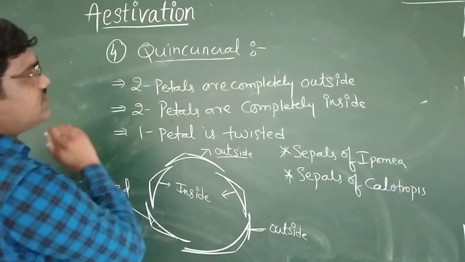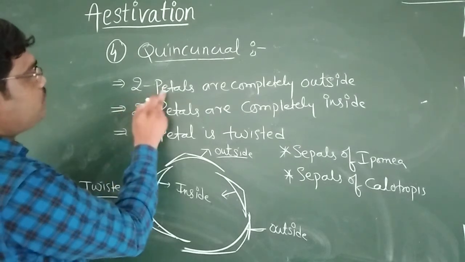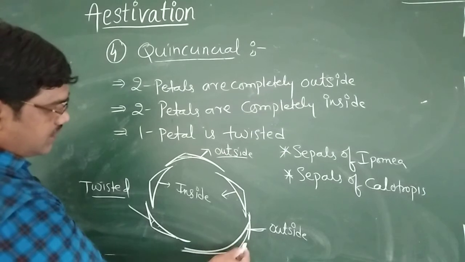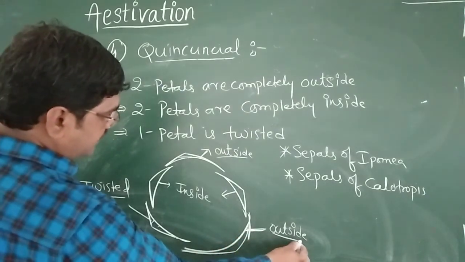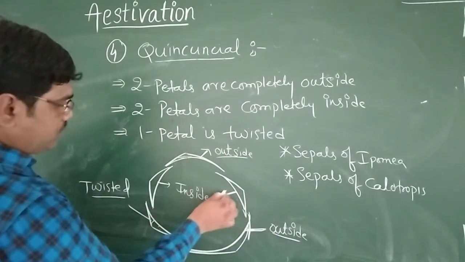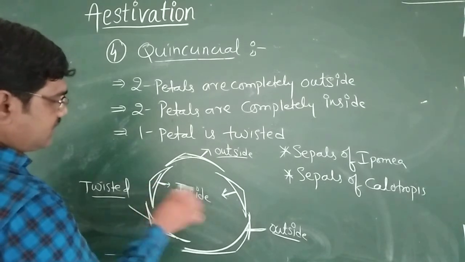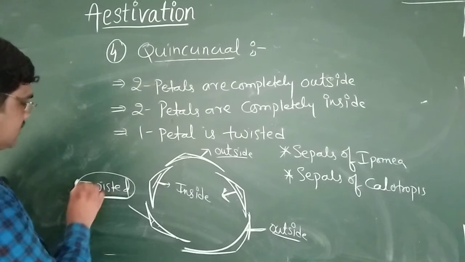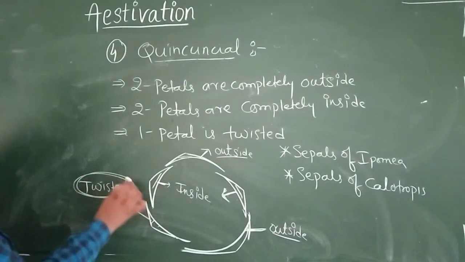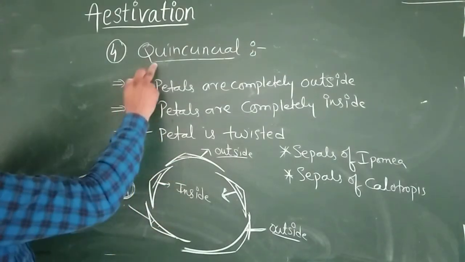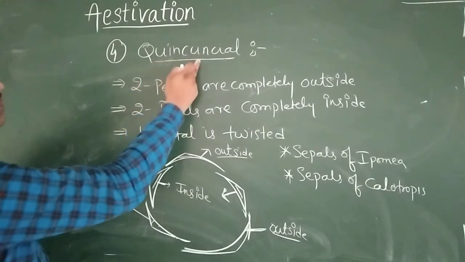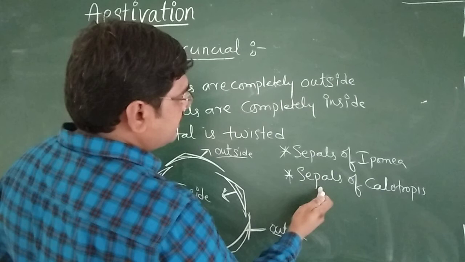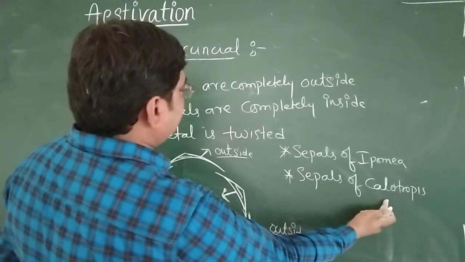In this quincuncial aestivation, two petals are completely outside, this petal and this petal. Again, these two petals, this petal and this petal, are completely inside. The remaining one petal is called the twisted arrangement. This type of aestivation is called quincuncial aestivation. It is present in the sepals of Ipomoea and Calotropis.